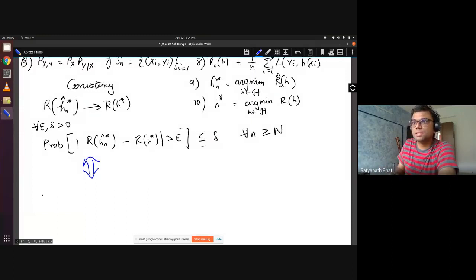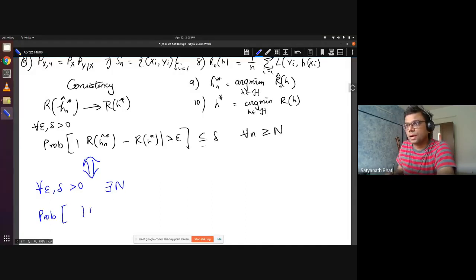So uniform convergence says that for all epsilon, delta greater than 0, there exists an n such that the probability of the supremum over H of Rn hat of H minus R of H, being greater than epsilon, is less than or equal to delta.